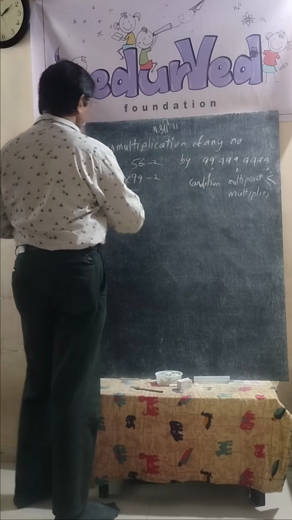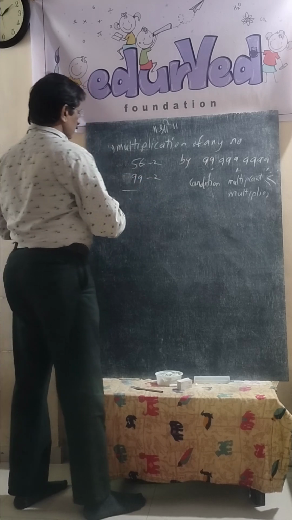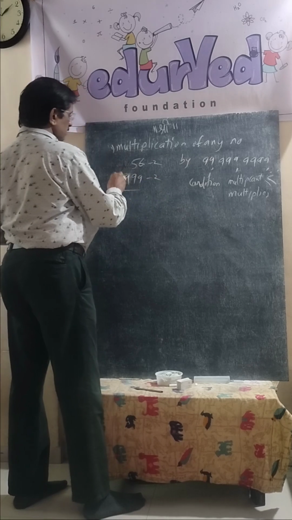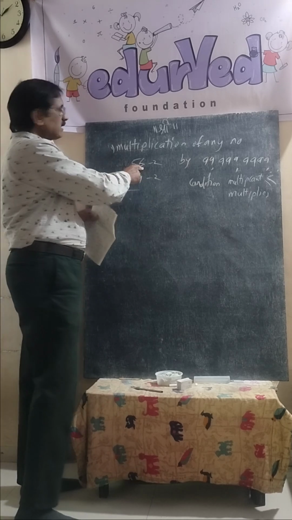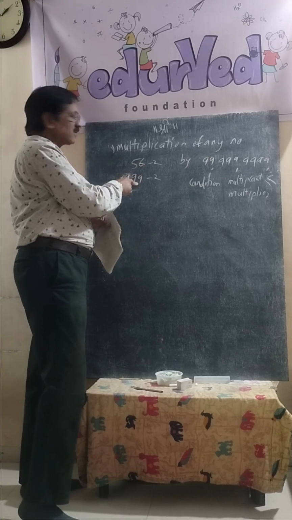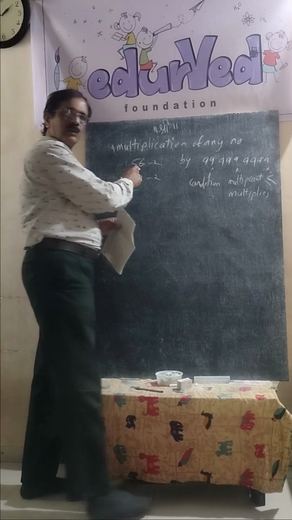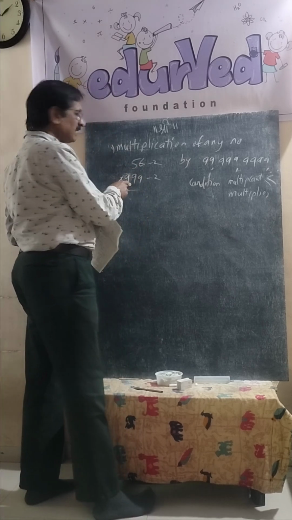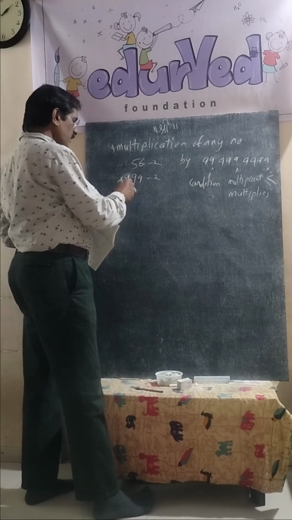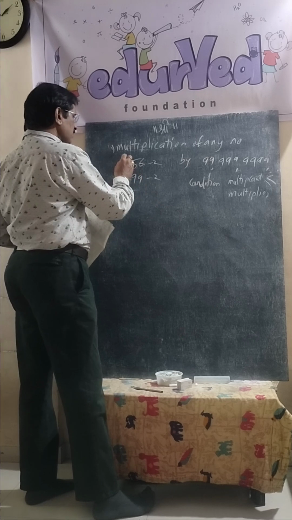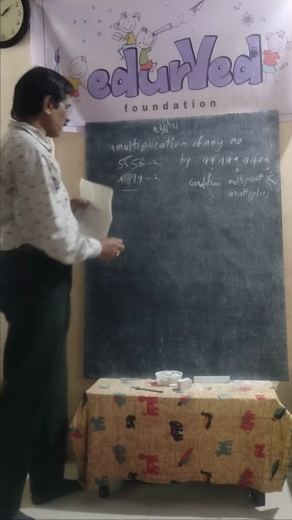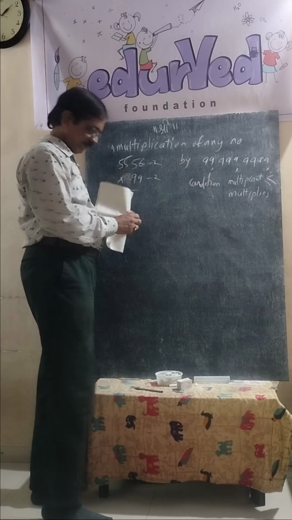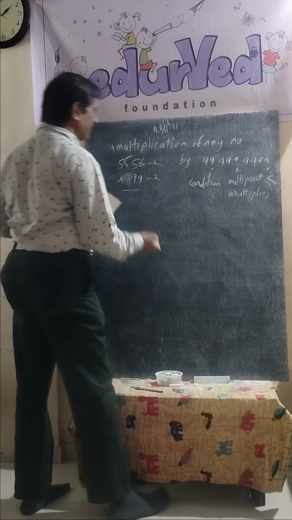Suppose the multiplicand is a 3-digit number and the multiplier a 2-digit number, then it won't be possible with this trick. That is the important criteria.